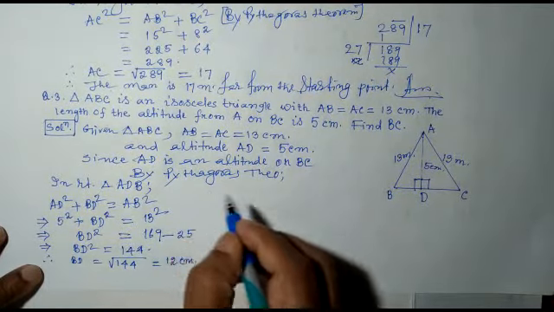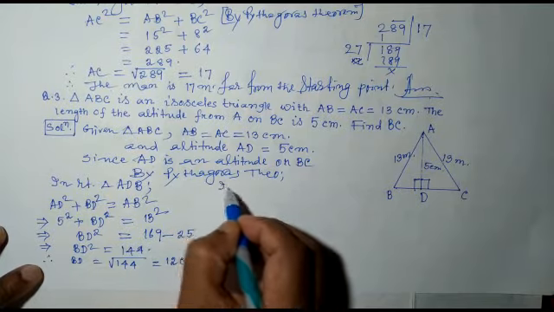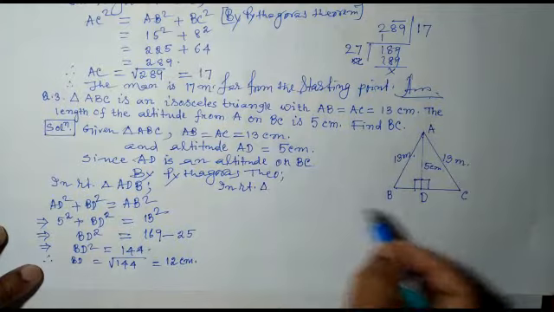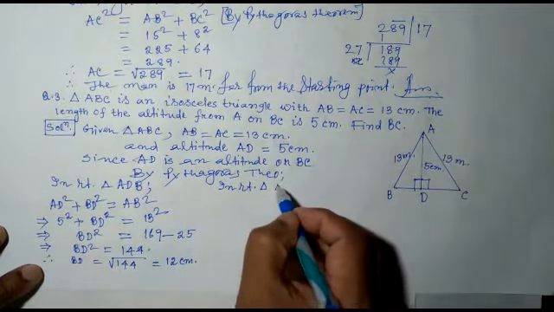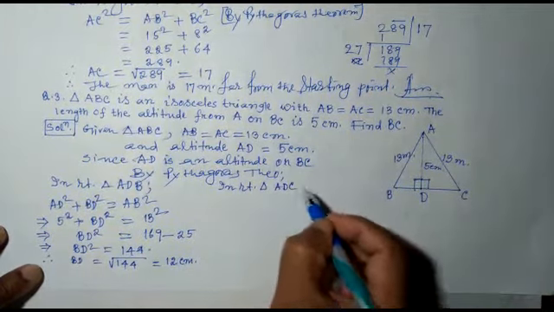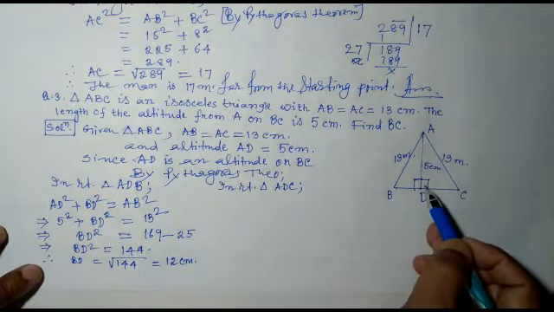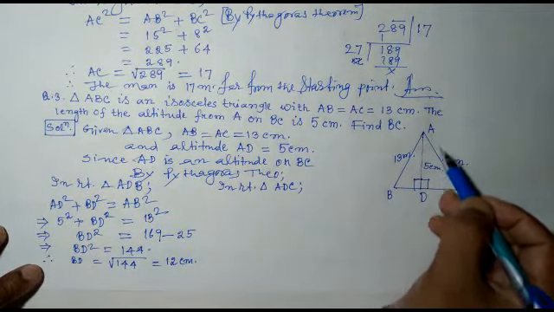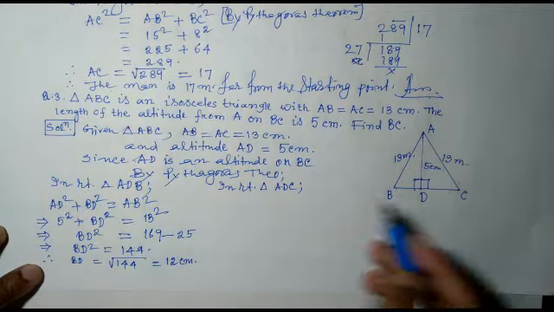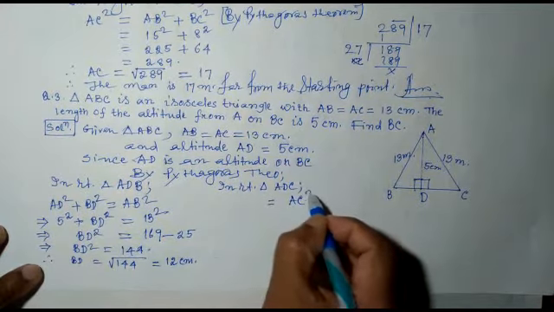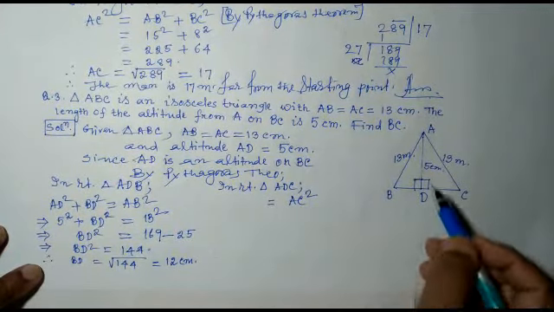And similarly, in right triangle ADC, we have angle ADC is the right angle. From here, opposite is the hypotenuse. AC is the hypotenuse. So we can write square of hypotenuse, AC square, is equal to the sum of the squares of other two sides.